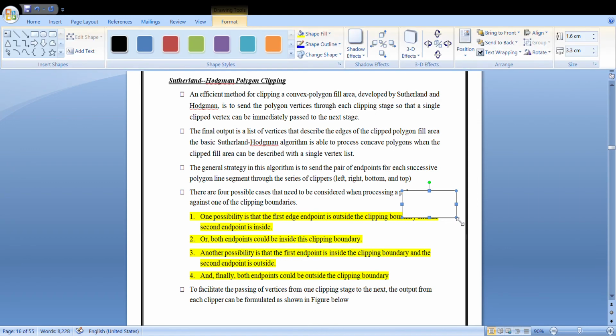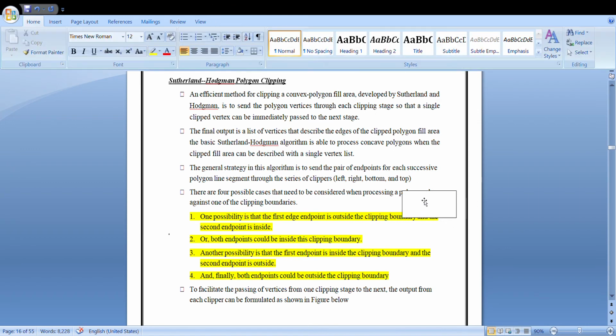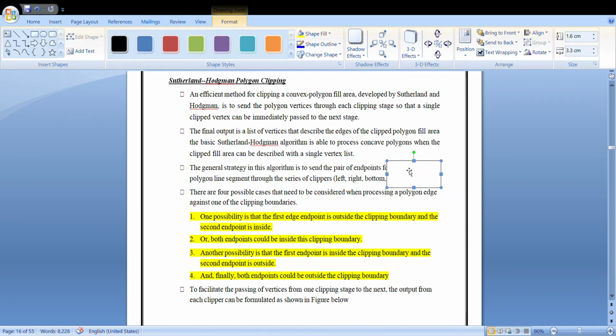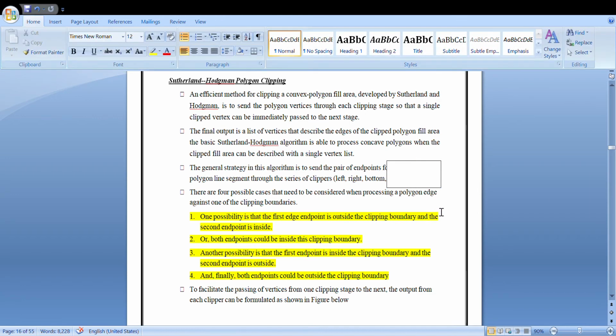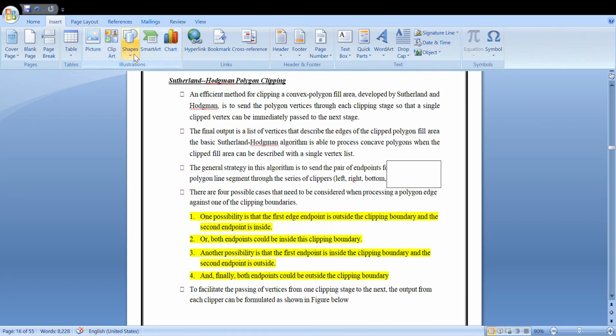Assume this is your clipping window. What is the possibility? It says the first edge endpoint is outside and the second endpoint is inside.